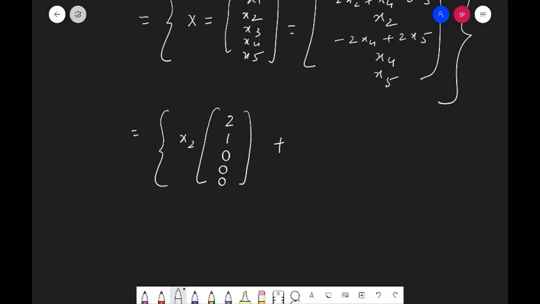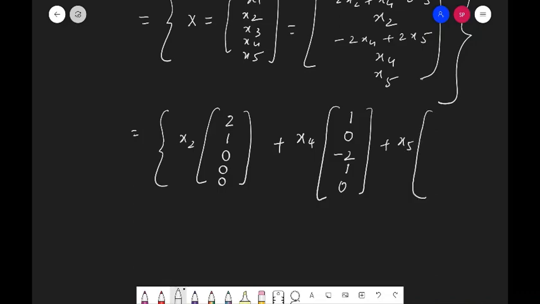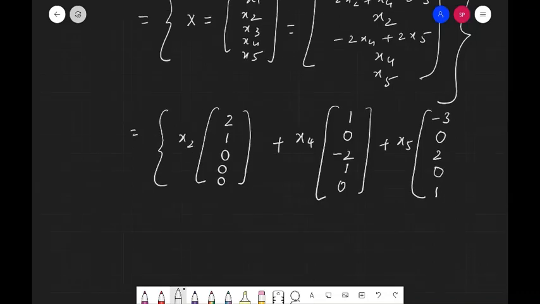Plus, what is the next free variable? x4. x4 times 1, 0, minus 2, 1 and 0, plus x5. Then you have x5, the coefficient is minus 3. There is no x5 in the second row, and in the third row there is x5 which is minus 2, and in the fourth row there is no x5, and in the fifth row there is x5.